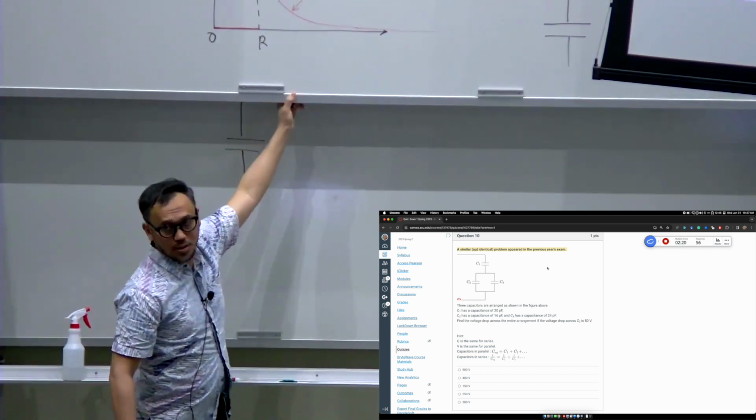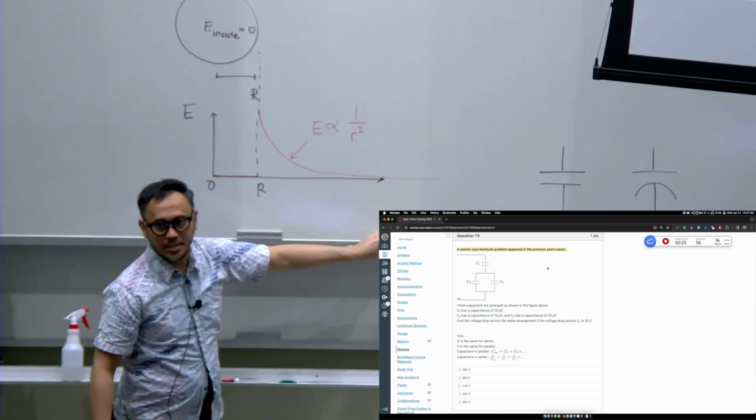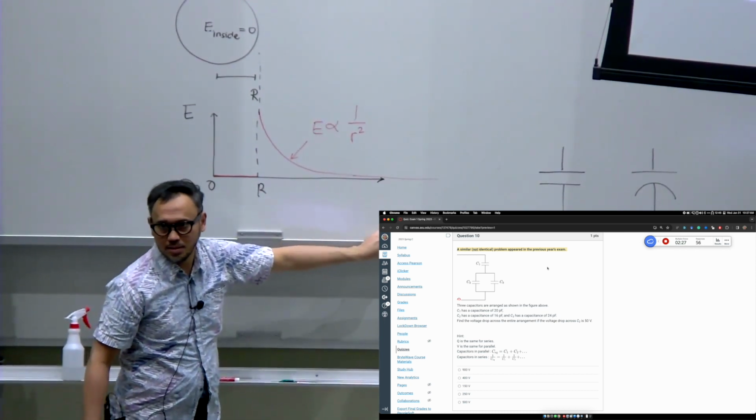From your physics course, you know the unit of capacitance. Anyone still remember?